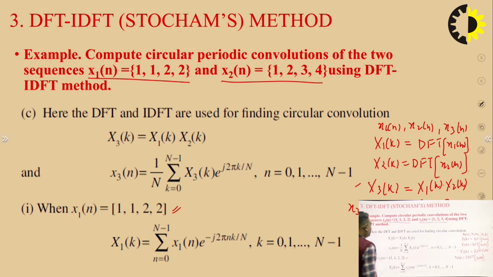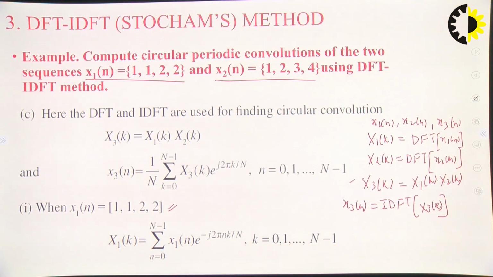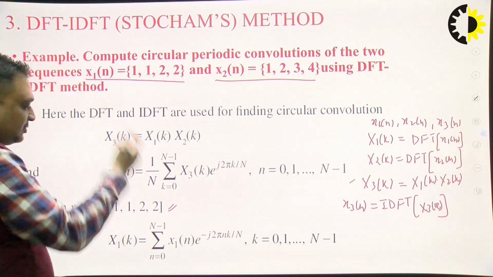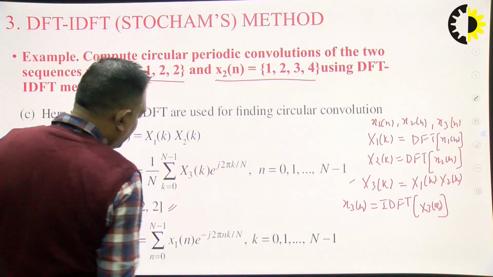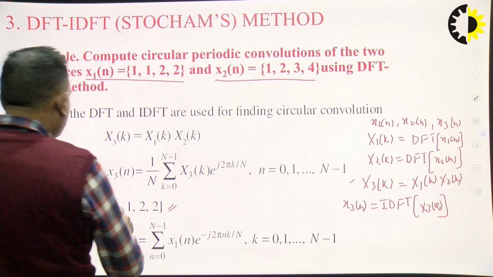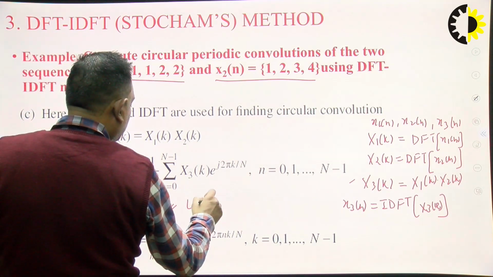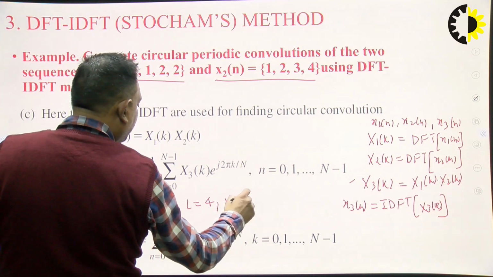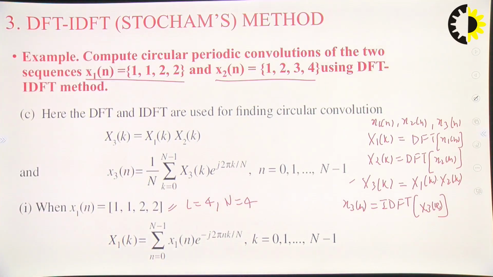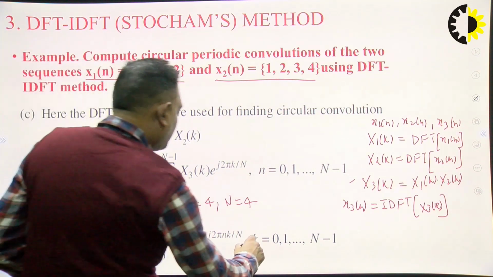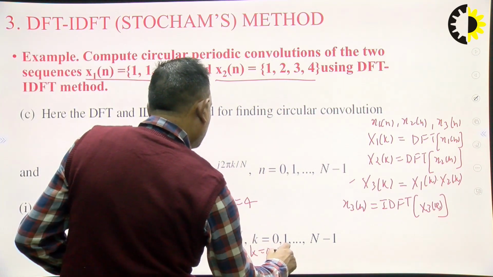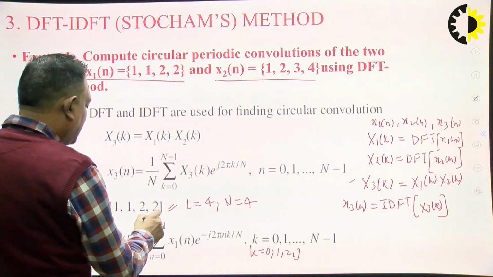So we will find x1k, which is the summation for n equals 0 to N minus 1 of x1n into e to the power minus j 2 pi nk by N. You can see the length of the sequence is 4, so we have to perform a 4-point DFT. The value of k goes from 0 to N minus 1, which means 0, 1, 2, 3. Here N is 4.